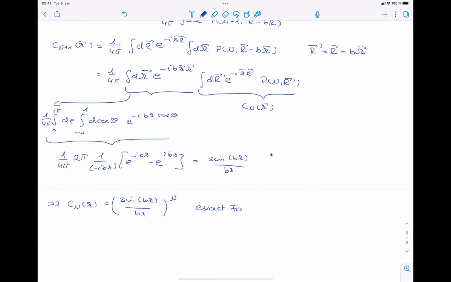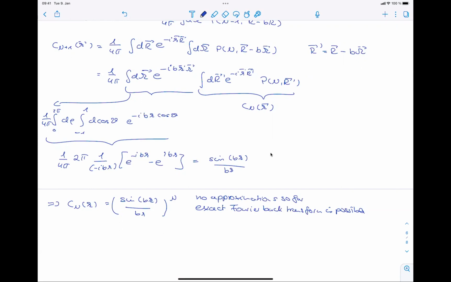Here an exact Fourier back transform is possible. No approximations. But again, you trust me that doing this exact Fourier back transform of the sine is not fun, and it gives rise to very clumsy equations that I don't have fun writing down here, and you don't have fun copying down.